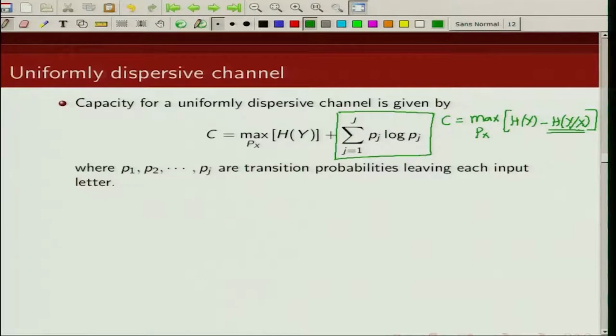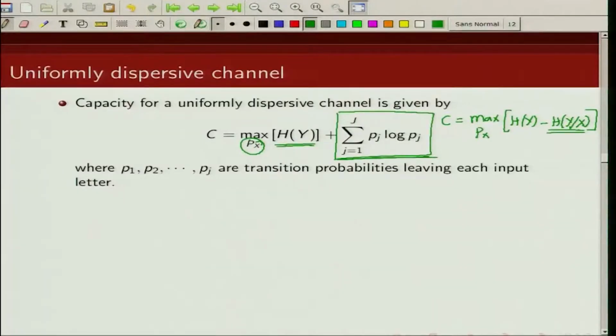In other words, the capacity of a uniformly dispersive channel is given by maximizing H of y over all input distributions P of x, plus this quantity. And we know that when y is a discrete random variable, the entropy is maximized when it is uniform. So capacity will be maximized for the input distribution P of x which will induce a uniform distribution on y.